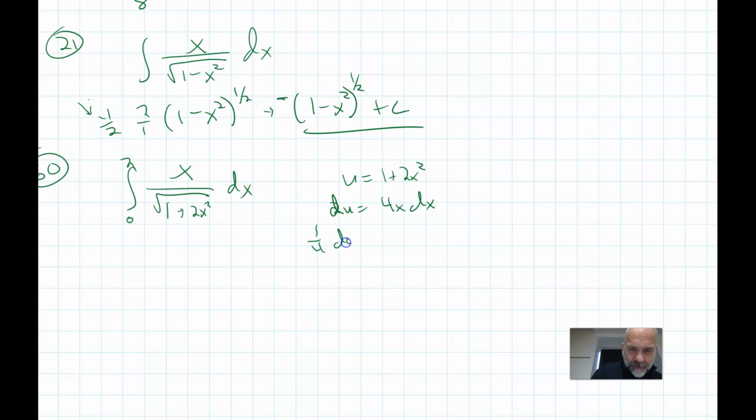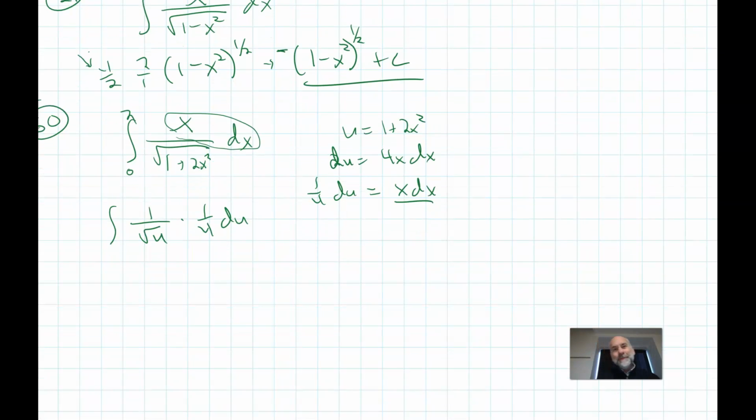So 1/4 du equals x dx. I love when I can just solve for what's still in the problem so that all of this can be replaced by 1/4 du. So what do we got? We got the integral of 1 over square root of u times 1/4 du.